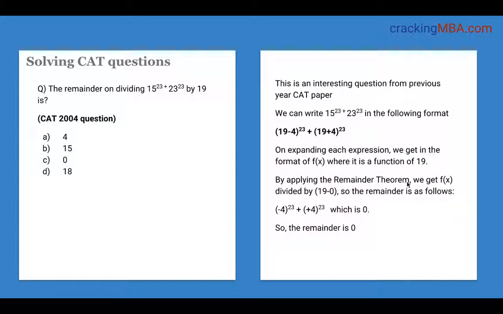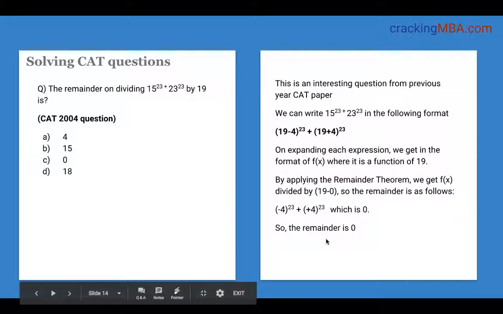If you want to apply the remainder theorem, dividing by x minus 19, and you set x as 0, then on expanding, all the expressions will have a power of 19, whereas the only last two terms, which are minus 4 power 23 and plus 4 power 23, are what you get on applying the remainder theorem. You will get minus 4 power 23 plus 4 power 23, which neutralizes to 0. So the remainder is 0.